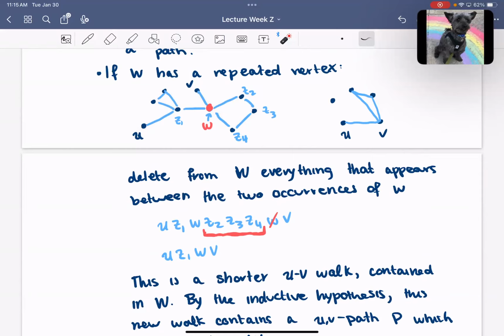Z4 to Z2: if we just skip Z3 in between, we go directly from Z4 to Z2, and we're also shortening that path. Okay, yeah, but it's possible that this isn't an edge in your graph. Yeah, good question.